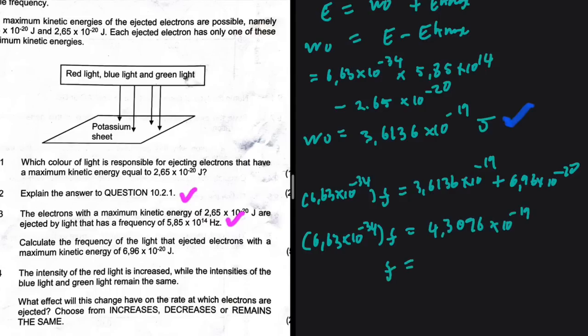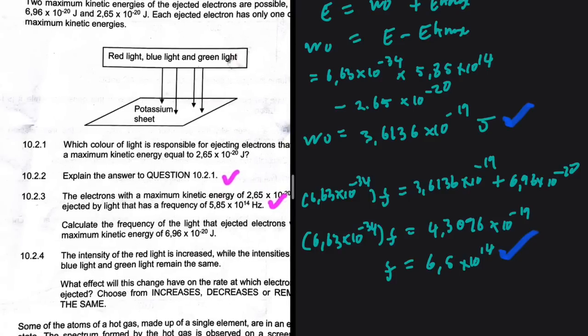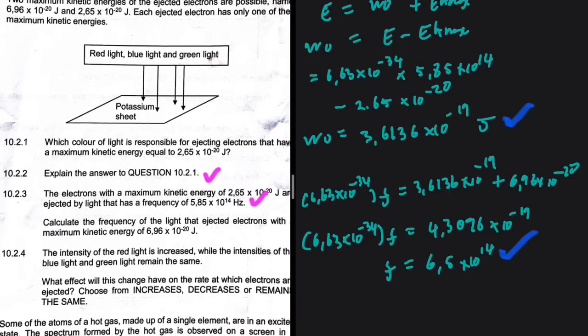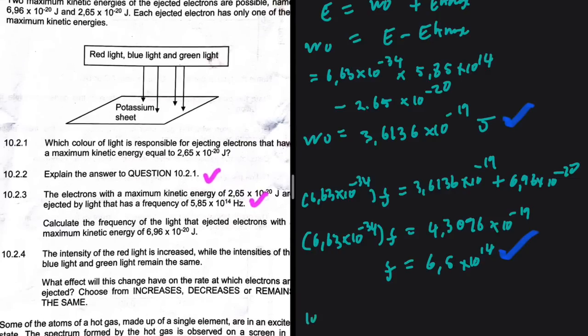So 4.3096 times 10 to the minus 19 divided by 6.63 times 10 to the minus 34. I'm getting a frequency of 6.5 times 10 to the power 14. So there we go. That is the answer to 10.2.3.